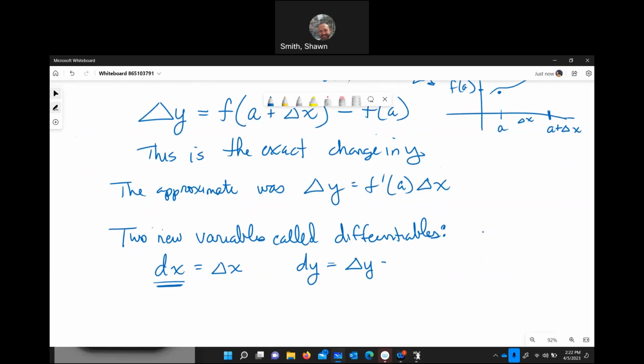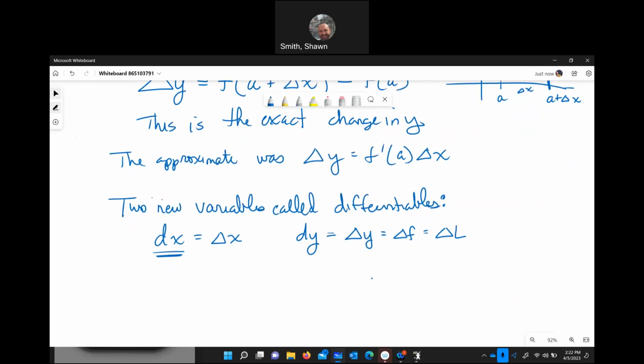Changing f, which is approximated by the change in L. So a change in y, making this notation substitution, dy is equal to that change in L, which was the derivative evaluated at a, times the change in x. We know that this is f prime at a times dx.